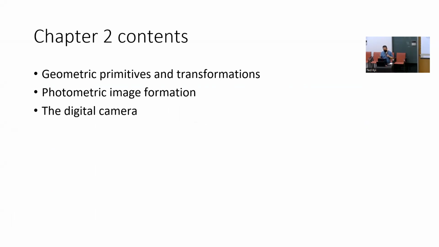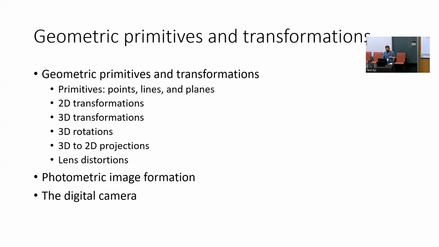Okay, so there's three main sections in chapter 2: the primitives and transformations, image formation, and digital camera. As I was saying, I think most of the technical content that's relevant towards machine learning is in this first of the three sections on the primitives. So we're going to talk a little bit about how the data is represented, and we'll get into transformations with a focus on rotations as a drill down.